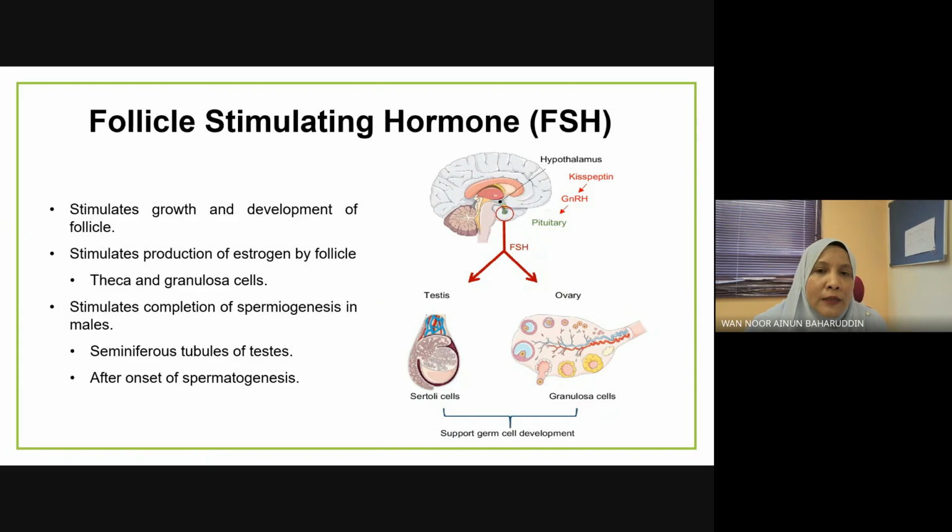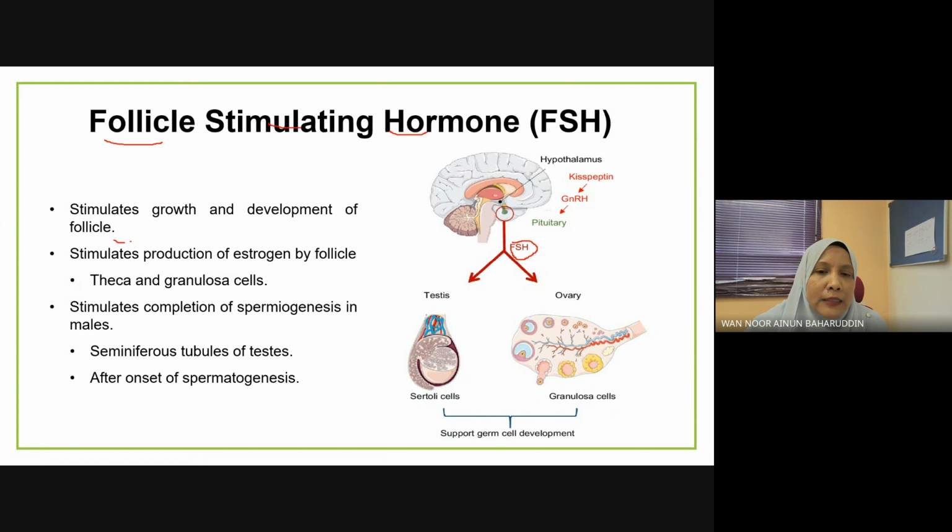Okay, after the anterior pituitary is activated, it will cause the release of FSH, what we call follicle stimulating hormone. FSH has two different kinds of action, whether in male or in female. Inside the testis, it stimulates the growth and development of follicles.